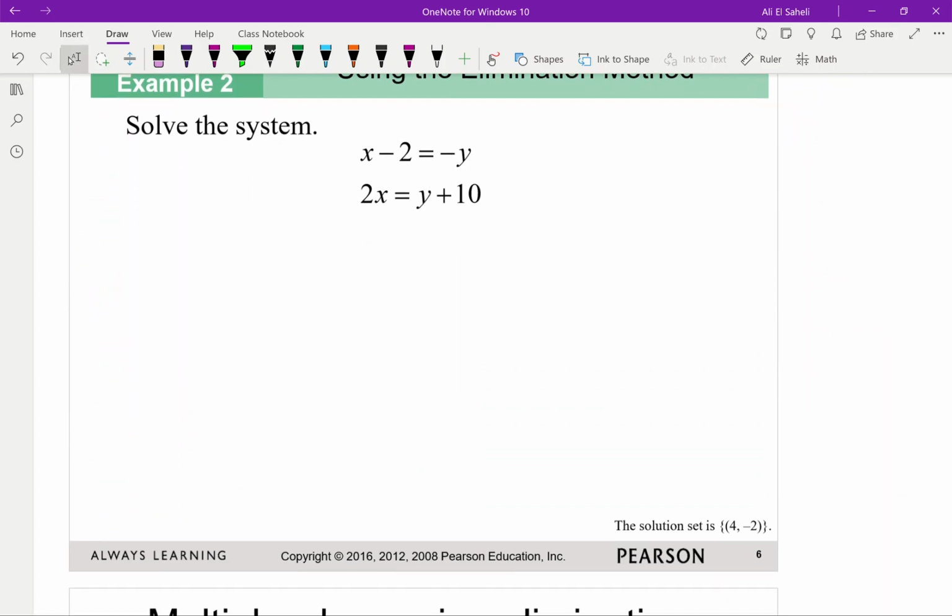Solve the system. First, put the system in the standard form. So we have x plus y equals 2. That's equation 1. Equation 2 becomes 2x minus y equals 10.